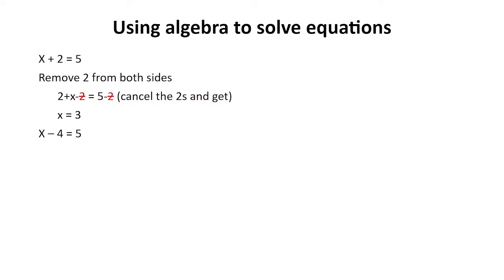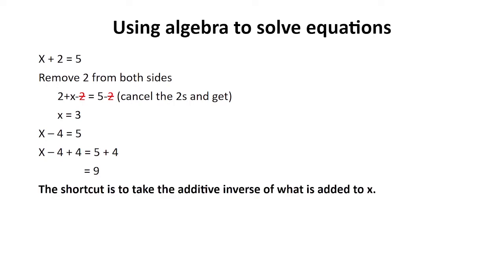Similarly, when I look at an example here, x minus 4 is 5. But I cannot do the same here, right? So what do I need to do? I need to add 4 to both sides, and then I'm making it balanced, and then I get a value of 9. This is one method. Another method I can use is a shortcut, taking the additive inverse of what is added to x.